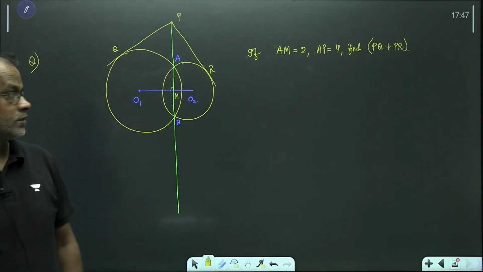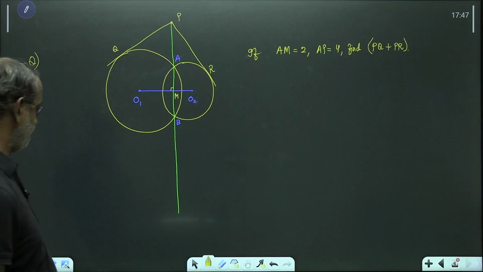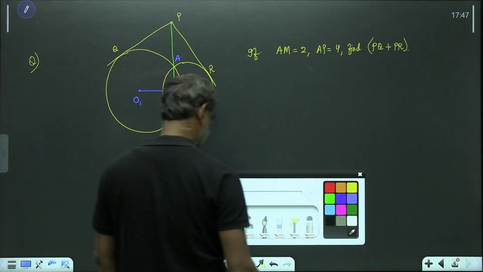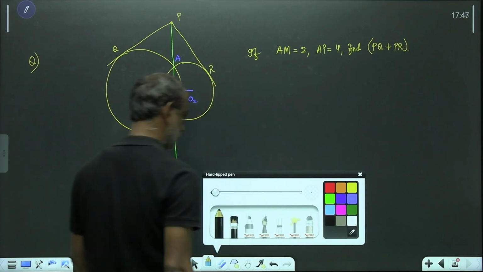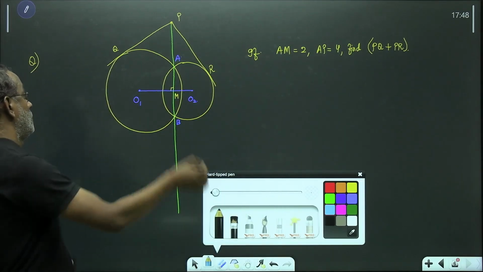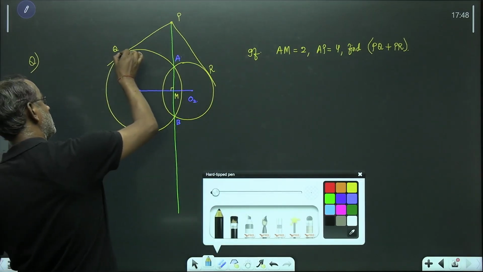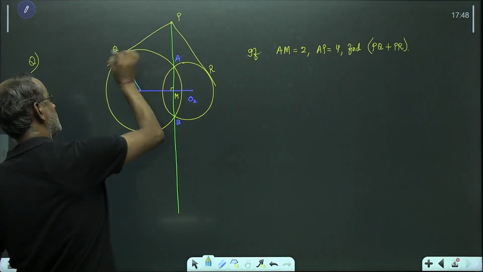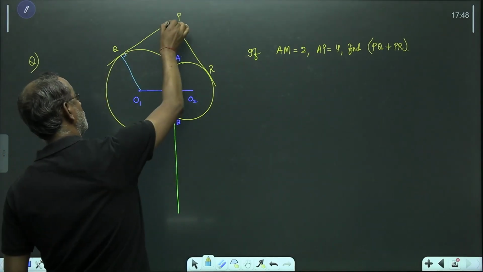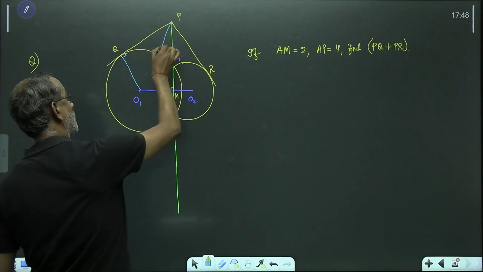This is our question. So, how do we proceed? This angle is 90. We simply draw PO1.